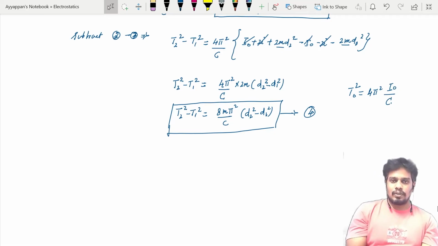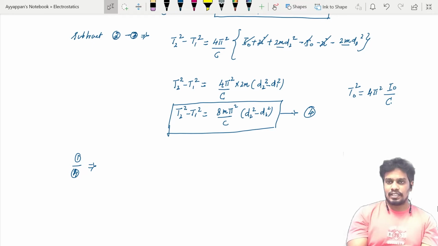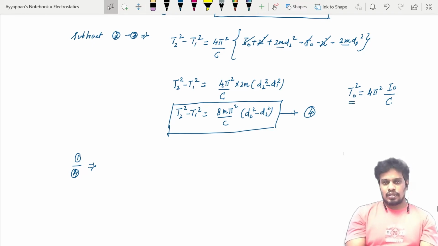Now what we can do is divide the first equation by the fourth equation. The left hand side of the first equation is T naught square, divided by the left hand side of the fourth equation, which is T2 square minus T1 square.